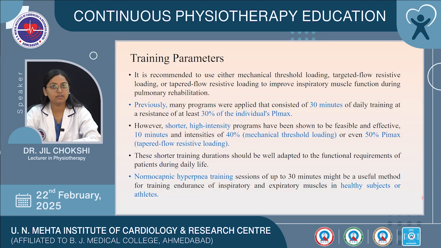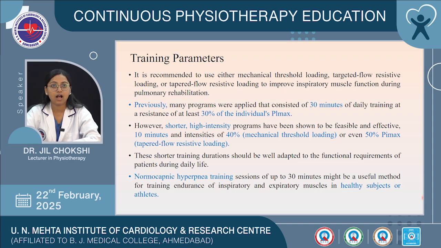These are the basic training parameters that have to be followed. It is recommended to use either mechanical threshold loading, targeted flow resistive loading, or taper flow resistive loading to improve inspiratory muscle function during pulmonary rehabilitation. Previously, many programs were applied that consisted of 30 minutes of daily training at a resistance of at least 30% of PI max.